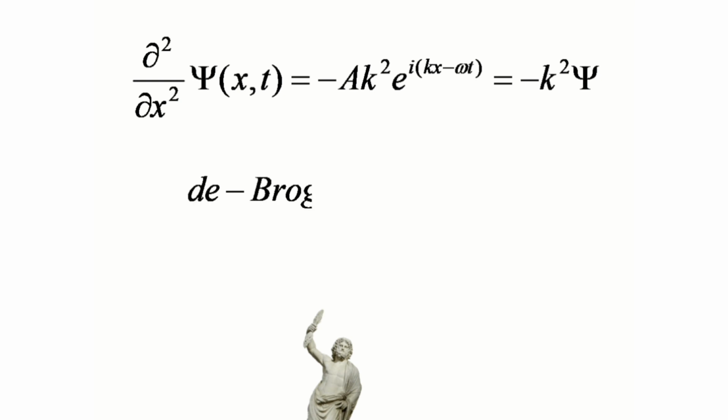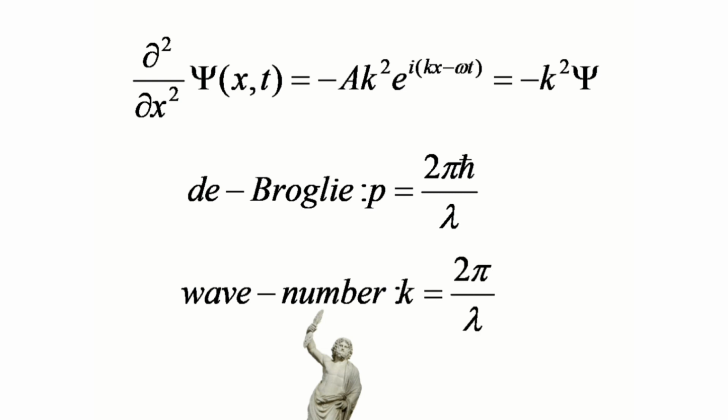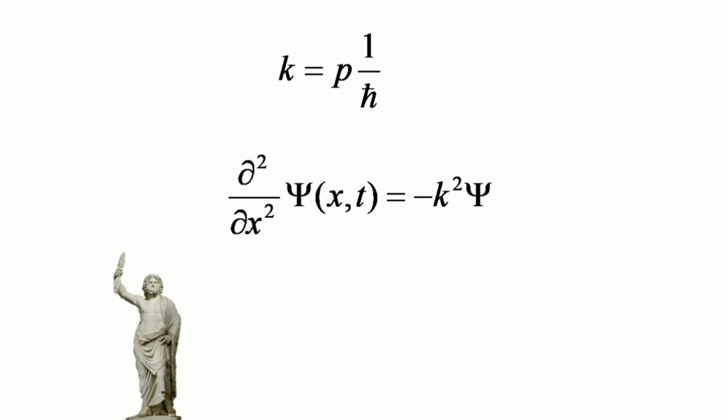We know that from de Broglie's wavelength theorem, momentum is 2 pi h bar divided by wavelength, which is also known as de Broglie wavelength of particles. And also we know that the wave number k is 2 pi by lambda. So from these two things we can conclude that k is equal to p by h bar.